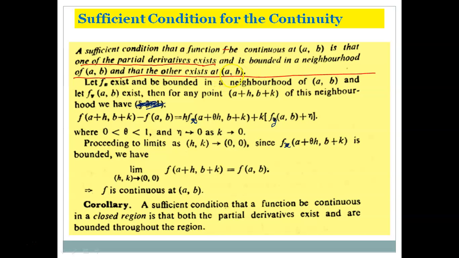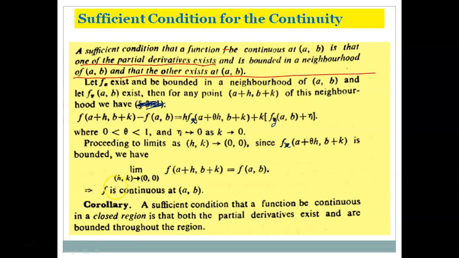That means both of the first order partial derivatives must exist, and one of the partial derivatives must be bounded in some neighborhood of this point. Then this is the sufficient condition for the continuity of a function of two variables at a given point (a, b).